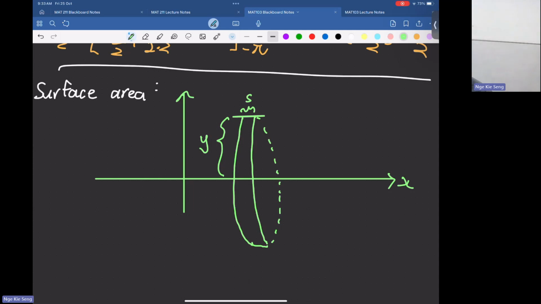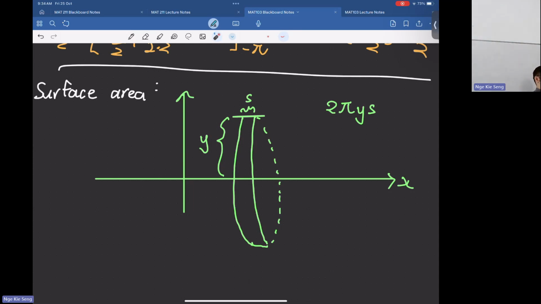This is a straight horizontal line, no? So it's a regular cylinder here. How to compute the surface area? Any idea? Two pi y times x. Where do you get this? Unroll it, open it up. Another way to see this cylinder: how do you think about a cylinder?